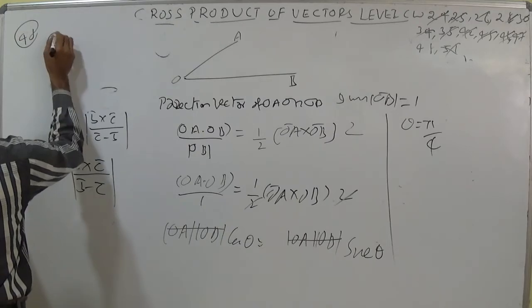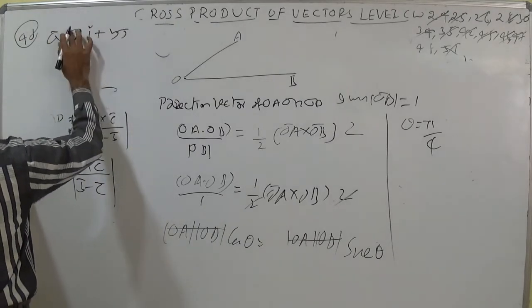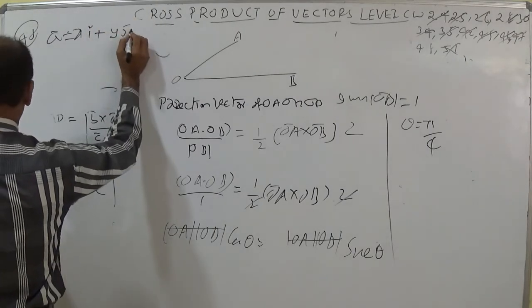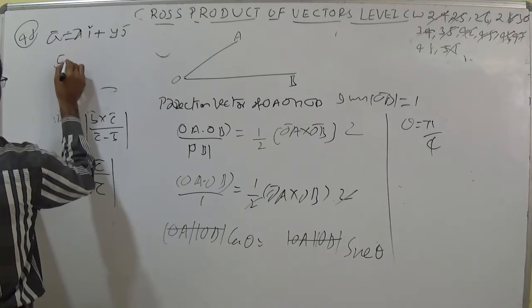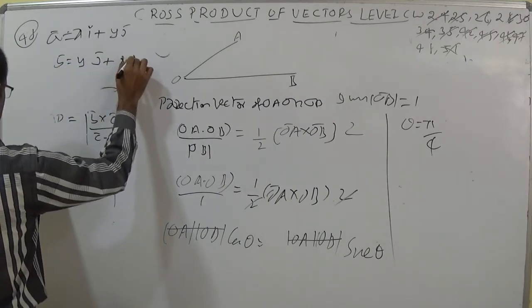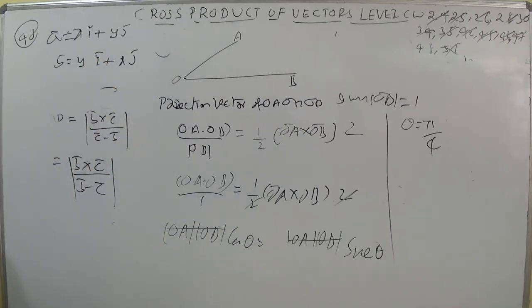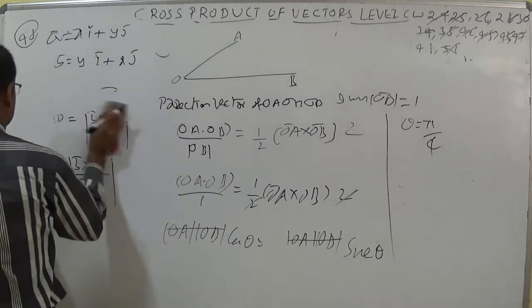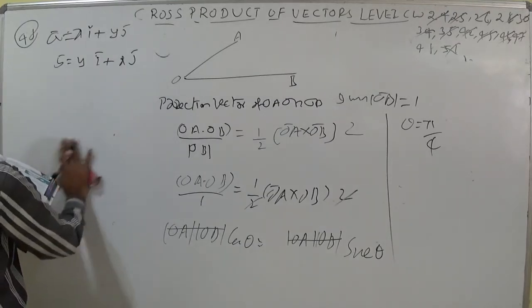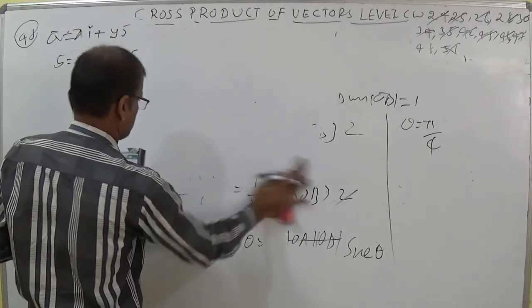A bar is equal to x i bar plus y j bar, and B bar is equal to y i bar plus x j bar. And the magnitude of A cross B is equal to 5, he has given. You should calculate the locus of xy.